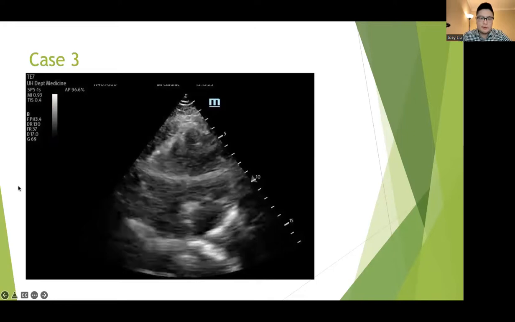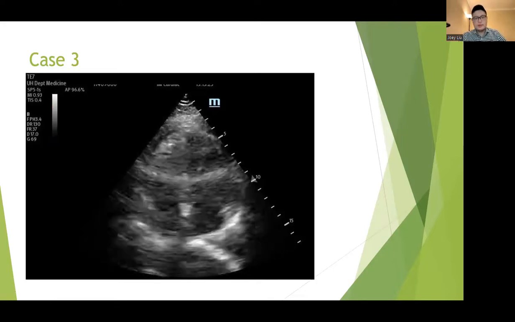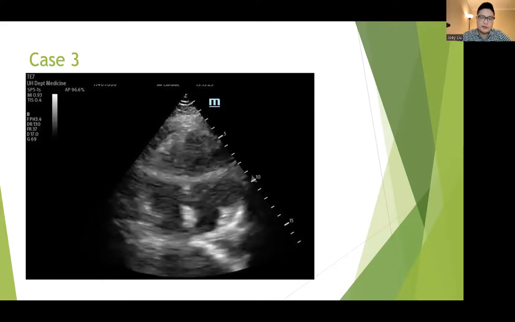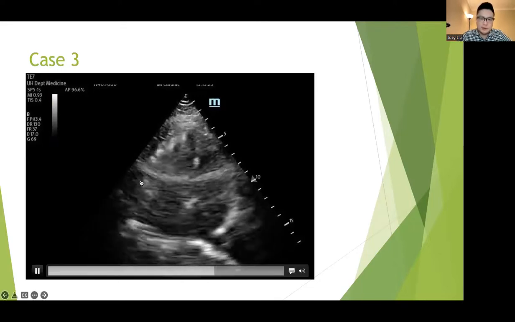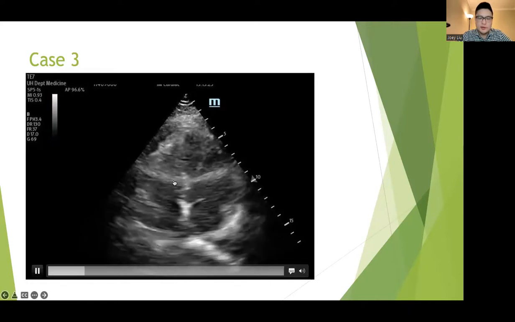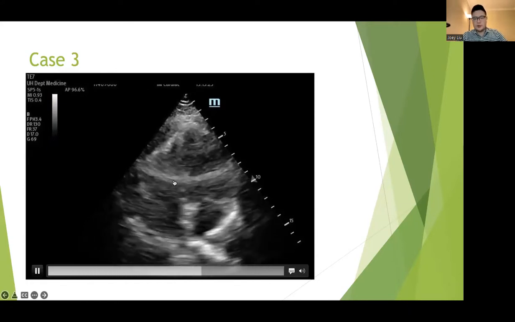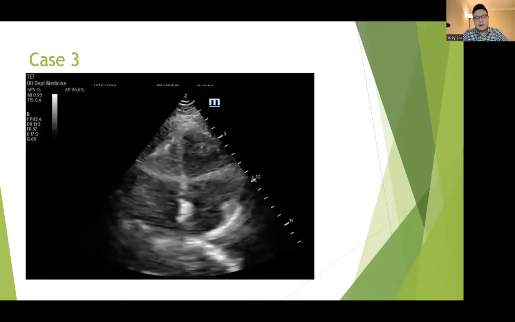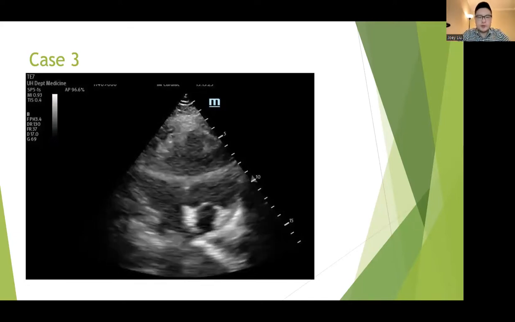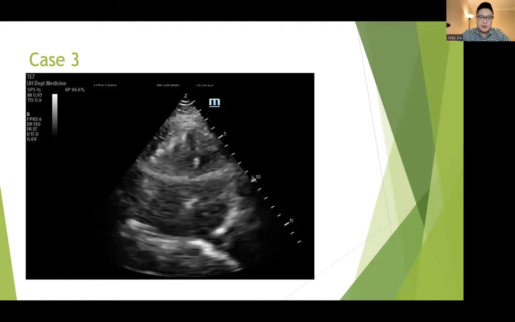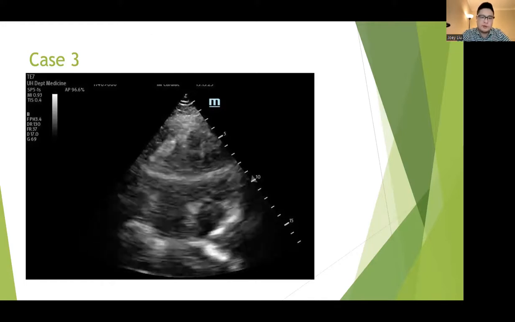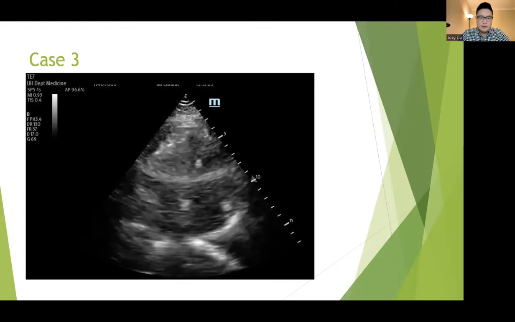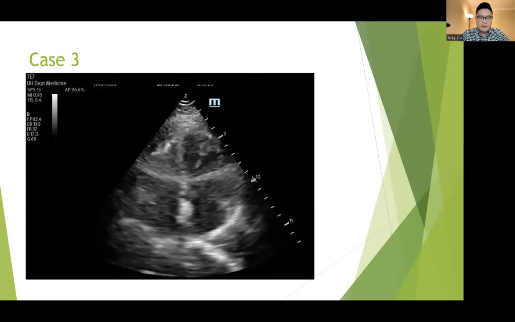In the apical four chamber view, again, this is probably a little bit foreshortened, meaning that the axis doesn't present all 4 chambers as equal in size, although the heart itself is a little bit more circular, which could be indicative that I was off axis in this image as well. But again, the LV motion seems to be normal.